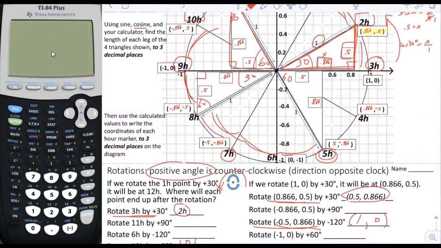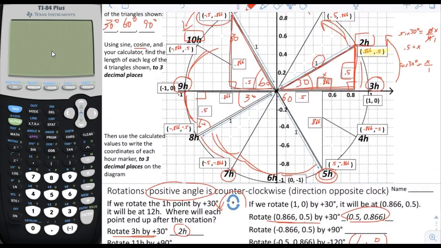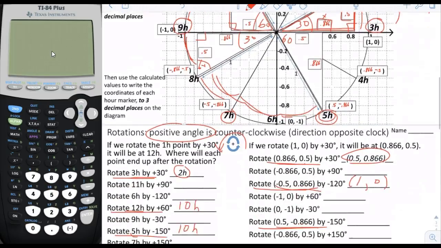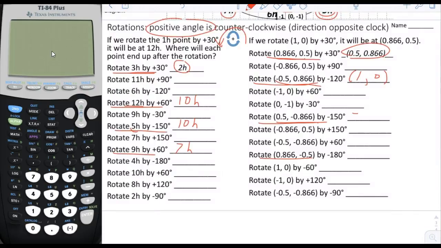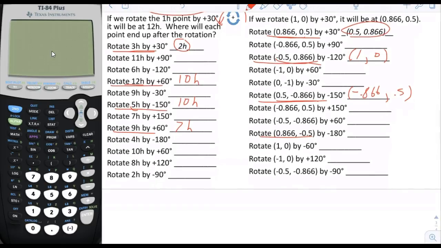Clockwise 150, so I'd be at the 10 hour mark, which is negative 0.866, 0.5.